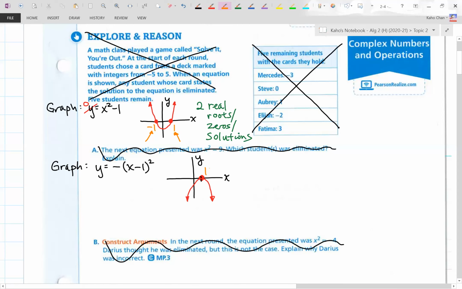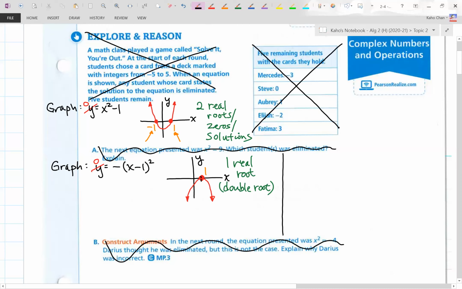You can plug it in. When you set y equals 0, 1 works. Nothing else works. So this is considered to have one real root. Actually, because there's only one, this is called a double root. All right. So far we have two real roots, one real root.